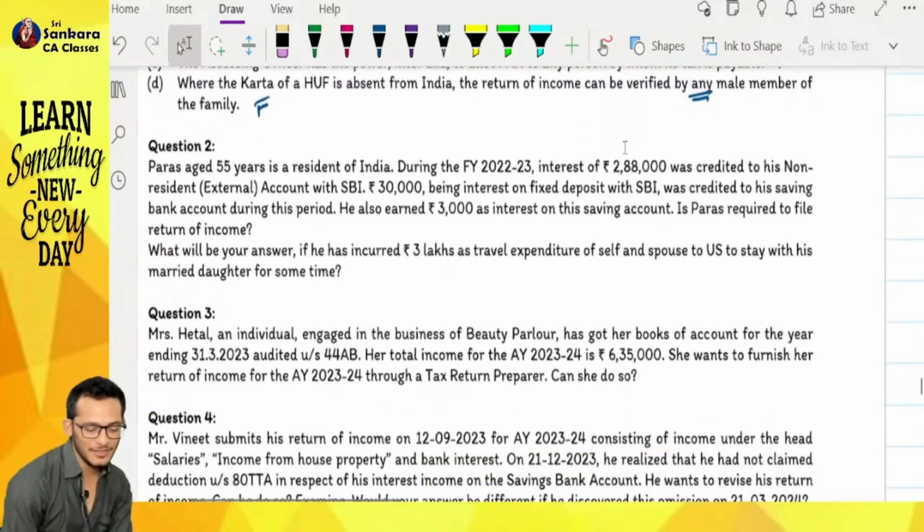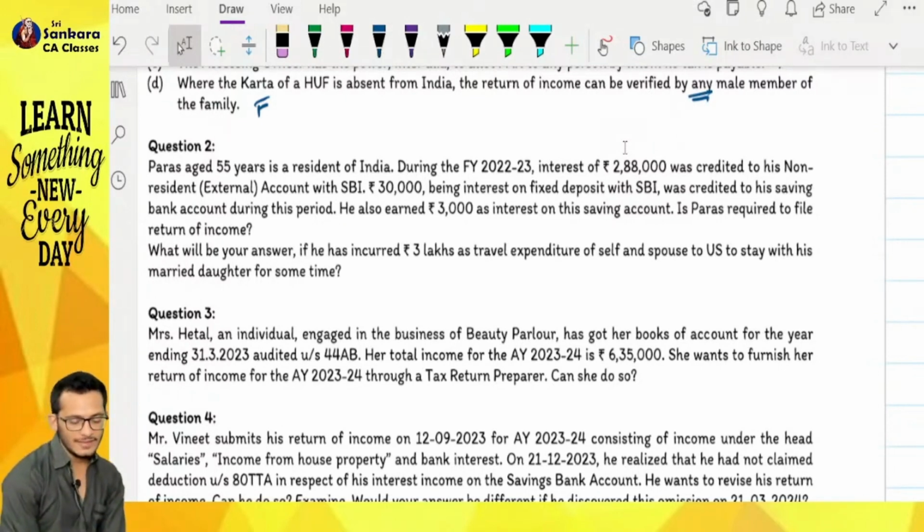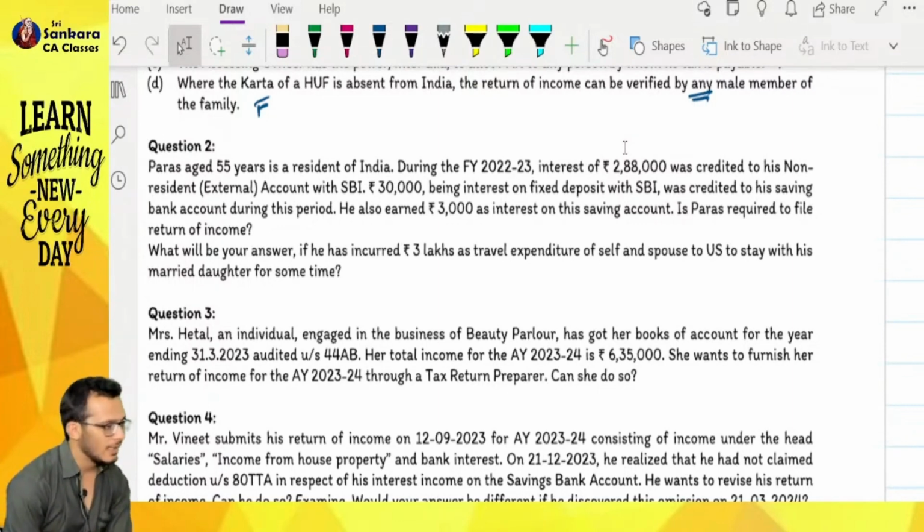Mr. Paras is age 55 years, a resident of India. During the financial year 22-23, interest of 2,88,000 was credited to his NRE account with SBI. 30,000 was interest on fixed deposit with SBI, credited to his savings account during the period. He also earned 3,000 as interest on savings account. Is Paras required to file a return of income?